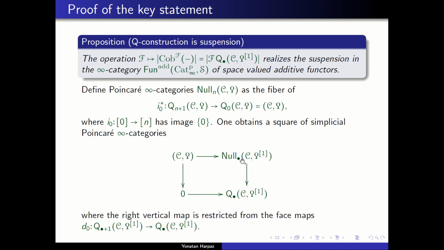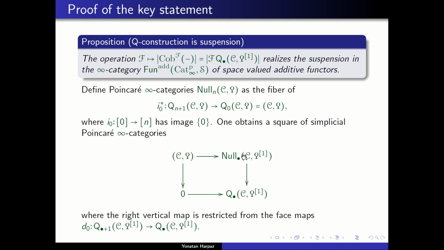And here at level n, we have the functor from null n C copa shifted to Qn C copa shifted, which is induced by the boundary map from n plus 1 to n, which is the boundary map that is opposite to 0. So this boundary map sends a sequence of n plus 1 composable spans to simply the last n spans.